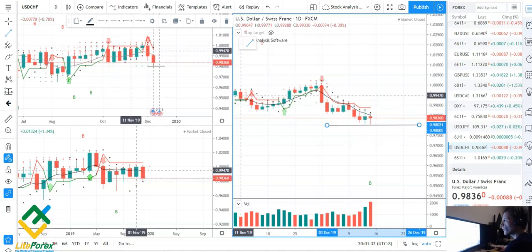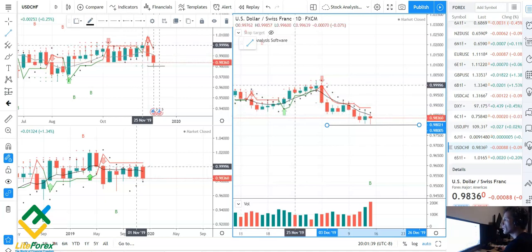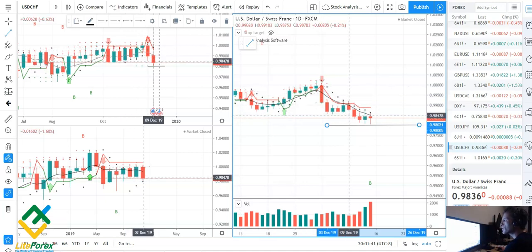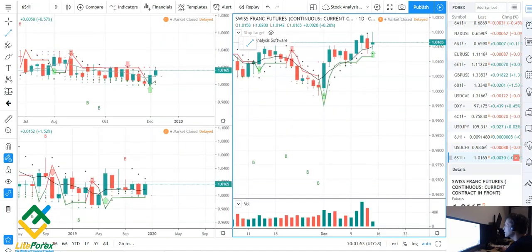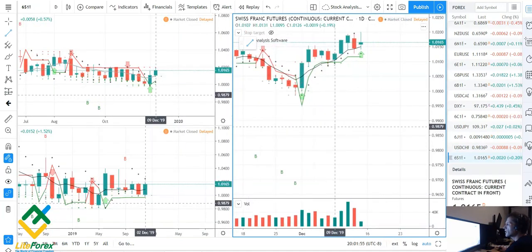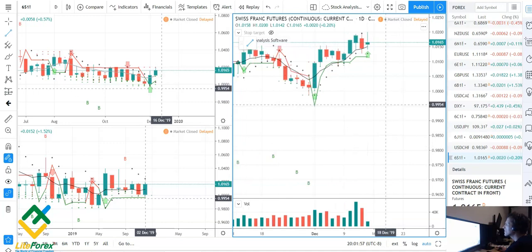You can see just how rangy it was. It's down, it's up, it's down, it's up. Breaks out a little bit, then pulls back into range, and then it breaks down, but still in that range. So let's see if it can hold this support at 0.98,000.